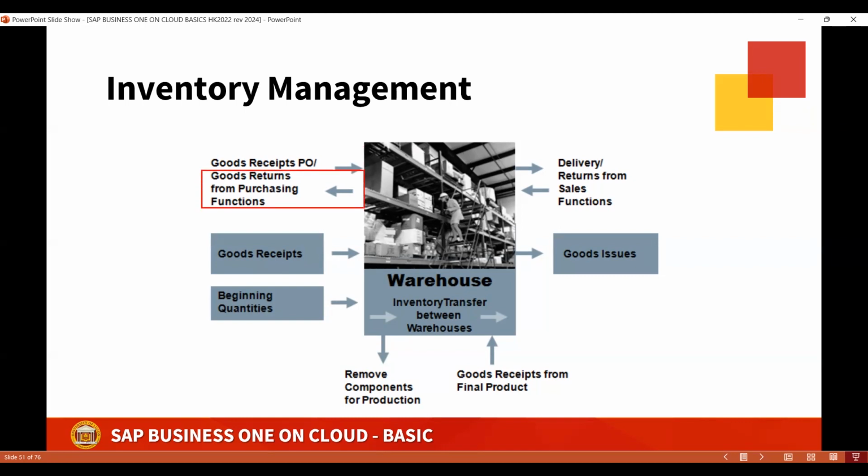Goods returned from purchasing functions decrease the level of our inventory. Why? For example, we purchased a particular good from our vendor and we found out that the item we purchased is damaged, so we return it to the vendor. That decreases the level of inventory in our warehouse.